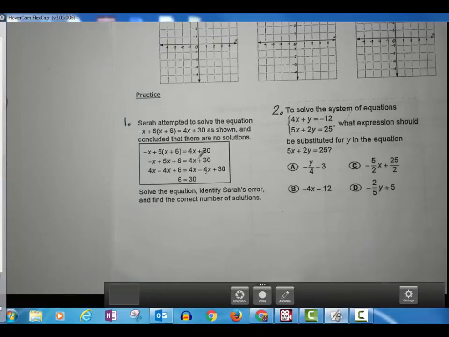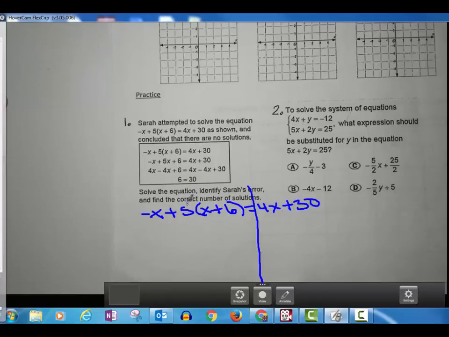So the first thing I have to do is actually solve the problem. If I look at negative x plus 5 times x plus 6 equals 4x plus 30, I'm always going to draw my line of scrimmage that separates the two equations. When I want to solve things, I make sure I get rid of these parentheses first.